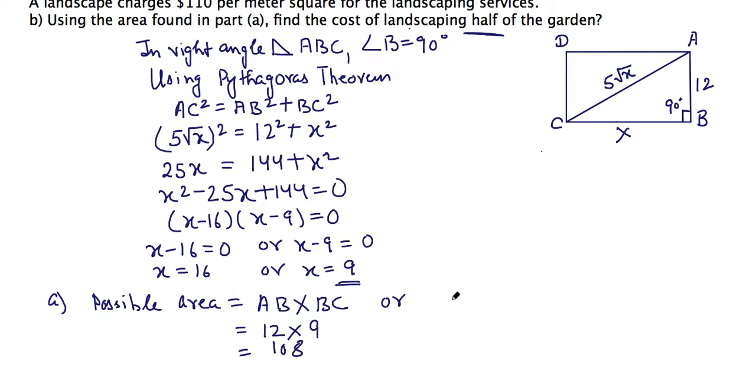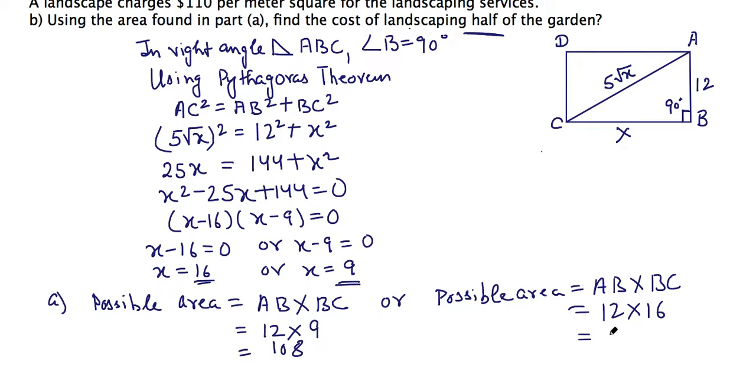Or the possible area could be again AB times BC. Here again AB is fixed at 12, and BC this time we take 16. This gives you 16 times 12, which is 192. So we have two possible areas of this rectangular garden: one is 108 meter square, and the other is 192 meter square.